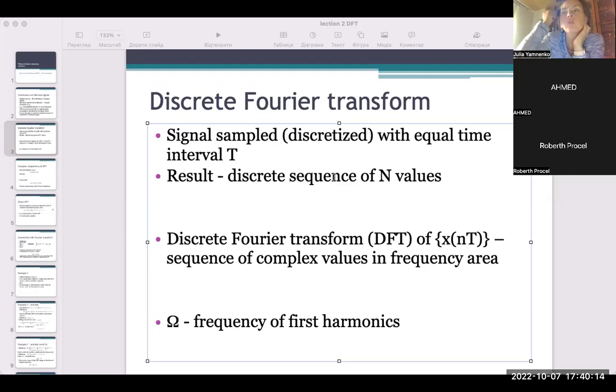In the general case, it could be absolutely any kind of values, not only positive; it could be negative, integer or otherwise. It could be a result of an experiment, for example, a measurement of some physical value. But here in the example, we have 1, 0, 0, 1, and our task is to find the discrete Fourier transform spectrum for this simple sequence.